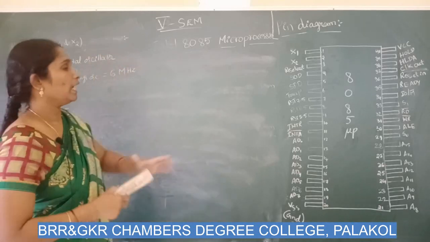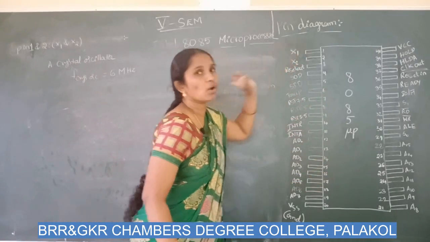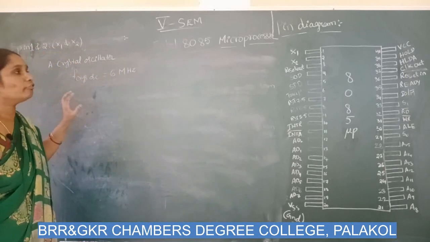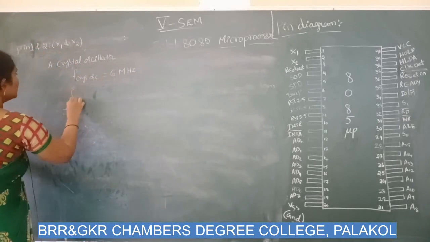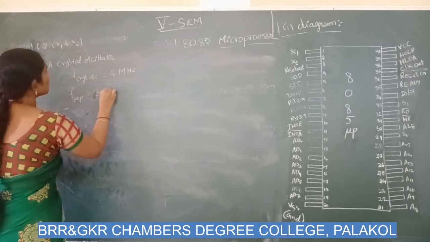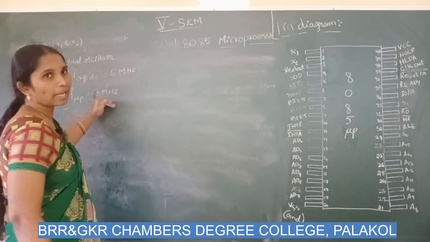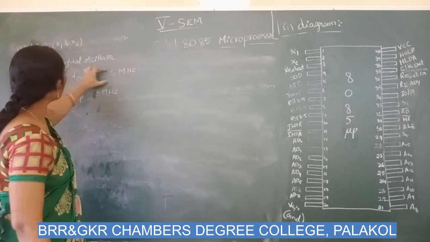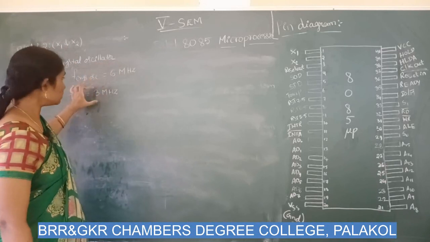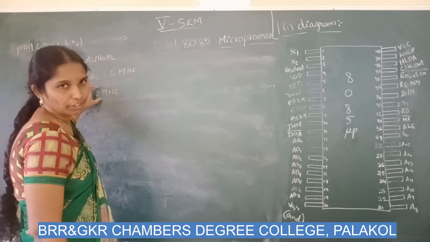But the microprocessor uses only half of that crystal oscillator frequency. Therefore, the frequency of the microprocessor is 3 megahertz, that is, 6 by 2, which is only 3 megahertz of clock frequency.